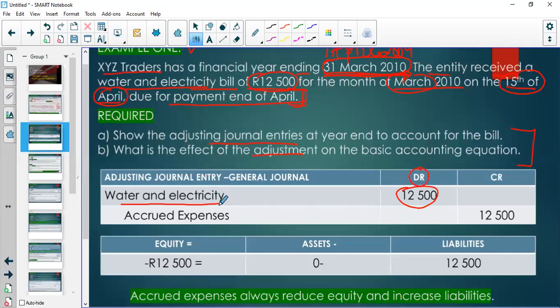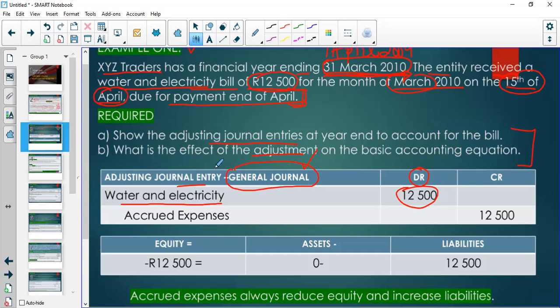I'm sure you are now aware that when an expense increases, when we need to record an extra expense, we need to debit that expense account. As you know, all adjustments are done using the general journal. This is an adjusting entry, where something is missing and we need to correct the records.